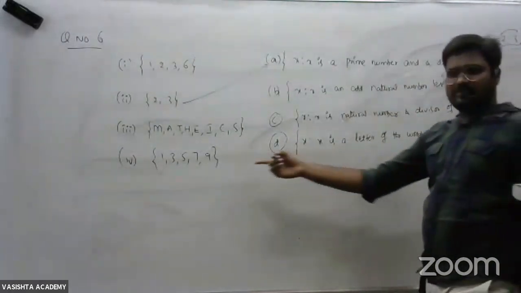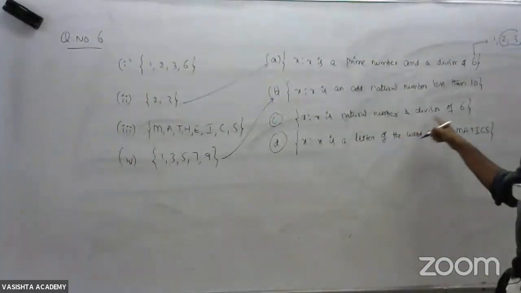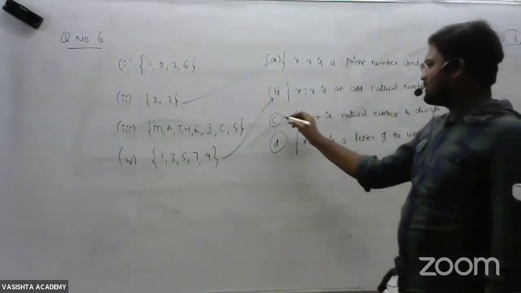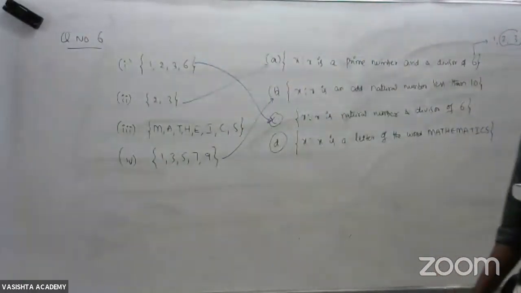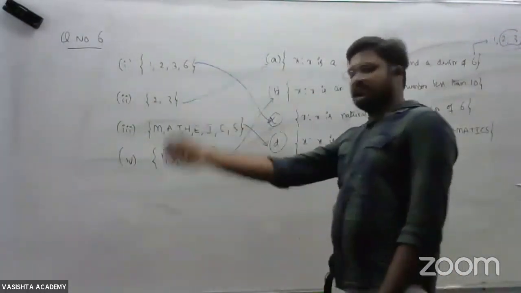1, 3, 5, 7, 9. This was this one. X is a natural number and a divisor of 6. So it is not restricted to prime numbers, just natural numbers. So I can take 1, 2, 3 as well as 6. Understood? And finally, X is a letter of the word mathematics. This one. Very easy.